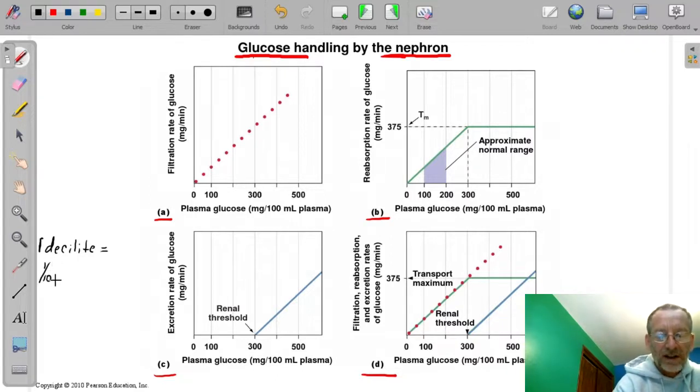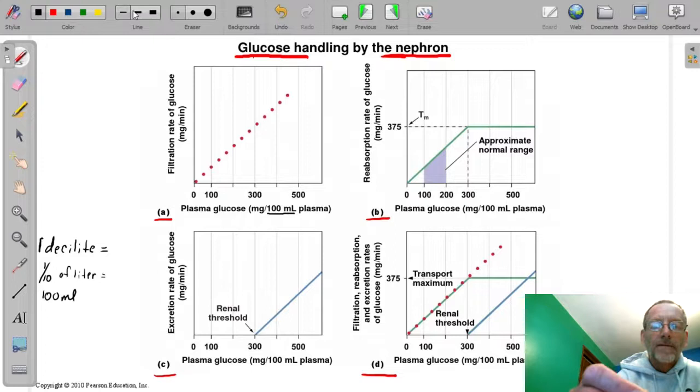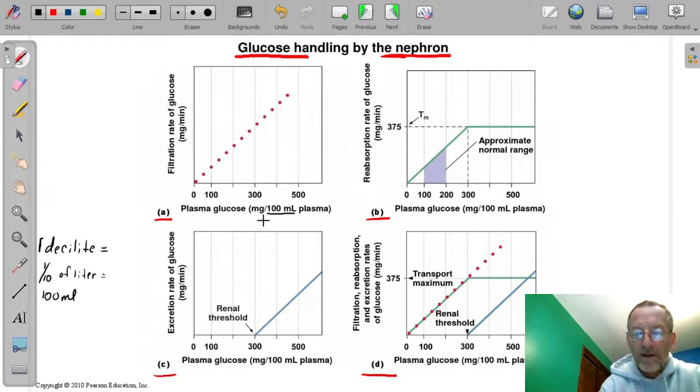Decimal for tenths. 1/10 of a liter, which is 100 mils. So in this figure, it's milligrams per deciliter. Now you can just say 100 mils if you like, but you should know that a deciliter is 100 mils. It's a common unit.